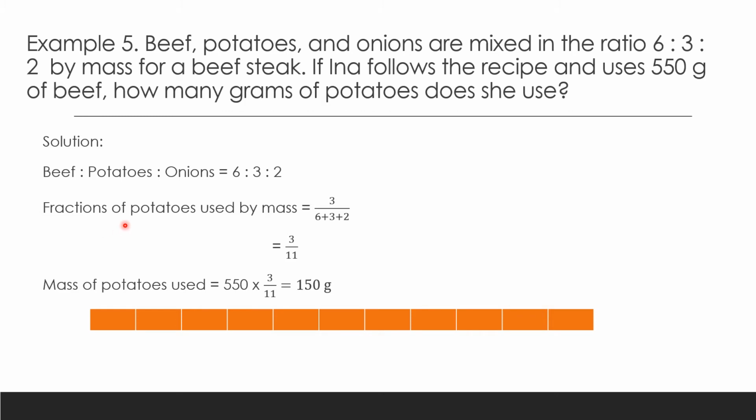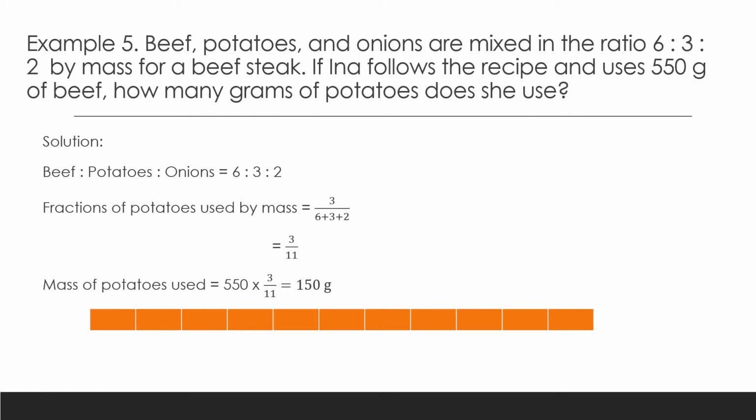Okay, the fraction of potatoes used by mass is 3 over 6 plus 3 plus 2, that's equal to 3 over 11. Therefore, the mass of potatoes used is equal to 550 times 3 over 11.